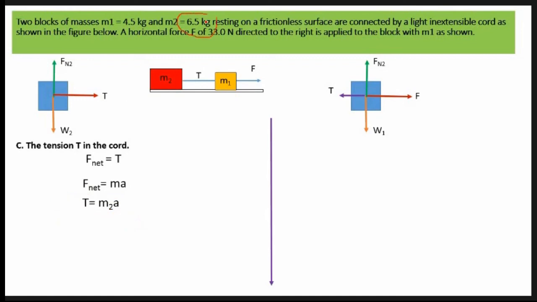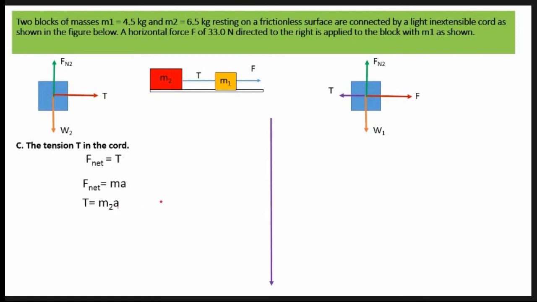Question, do we have the value of mass 2? Yes, we have here 6.5 kilograms. Do we have the value for acceleration? Yes, because we solved it a while ago. The entire system will have an acceleration of 3.0 meters per second squared to the right. Whatever the acceleration of mass 2 will also be the acceleration of mass 1, because they are connected by this inextensible cord.